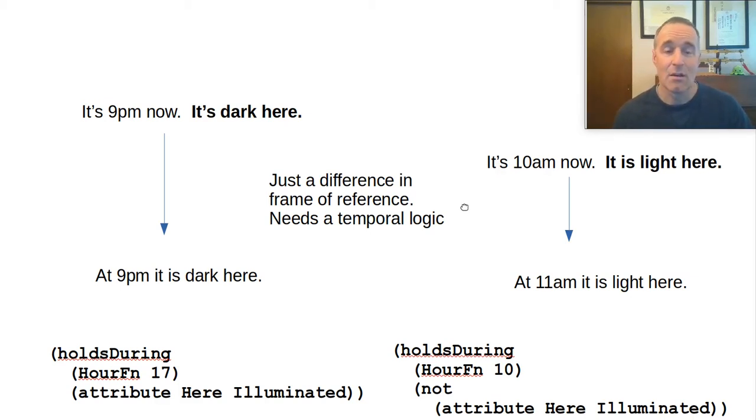We'd say that it holds during the particular hour of 9 p.m. or 1700 hours for Europeans, that the attribute of this location here is illuminated. And at the same time, we can also say it holds during the hour of 10 o'clock that here is not illuminated. So that's just one possible, kind of naive encoding, but at least it shows that there's no inherent contradiction. There's just an appropriate contextualization for these statements with respect to time.